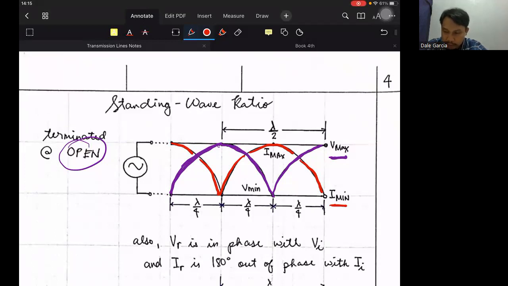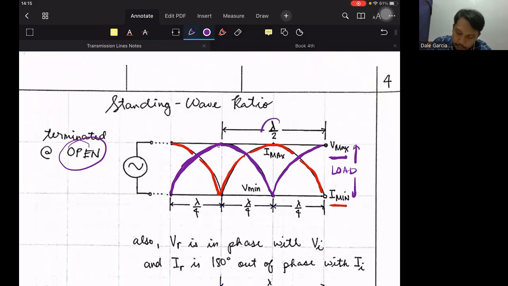Now, back to what we learned regarding nodes and antinodes. Notice that this part, from here to here, is the load.